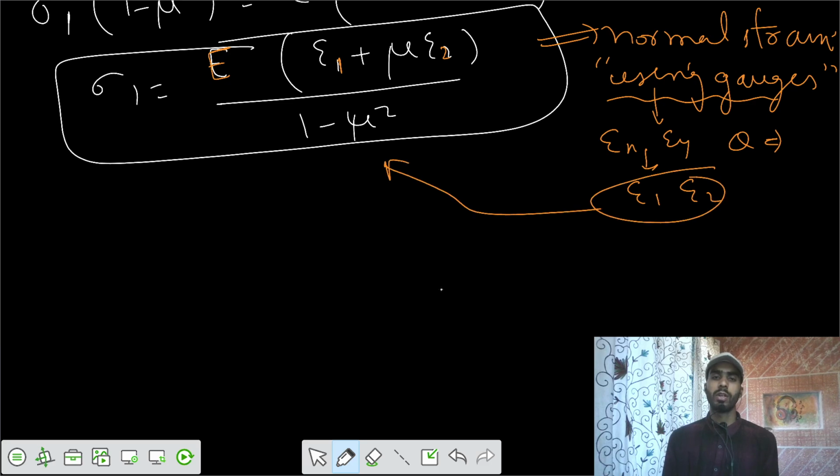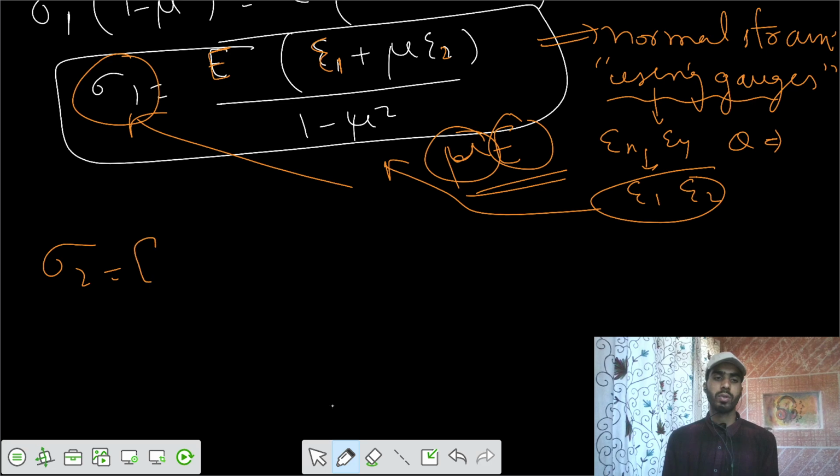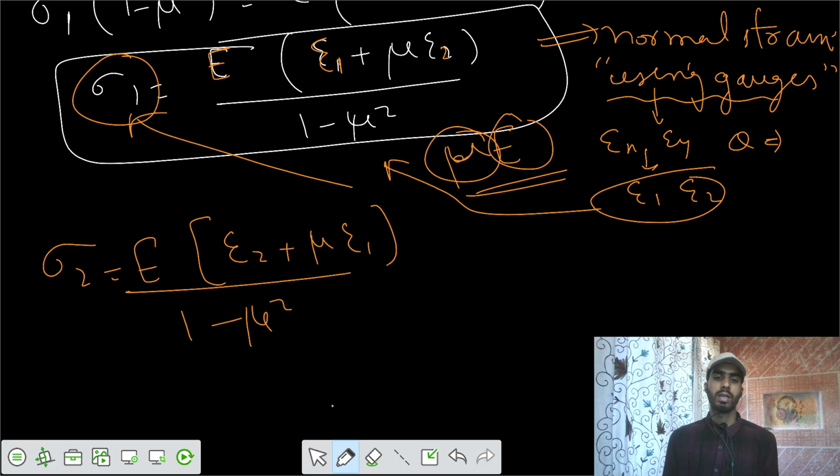You know the Poisson ratio and Young's modulus of elasticity for the material, and you can get the stress value on that material without calculating from the universal testing machine or from calculation. You can directly say from this result, by using the strain values, I can get the value of stress 1. Similarly, you can get stress 2 equals E times (strain 2 plus mu strain 1) divided by 1 minus mu square.